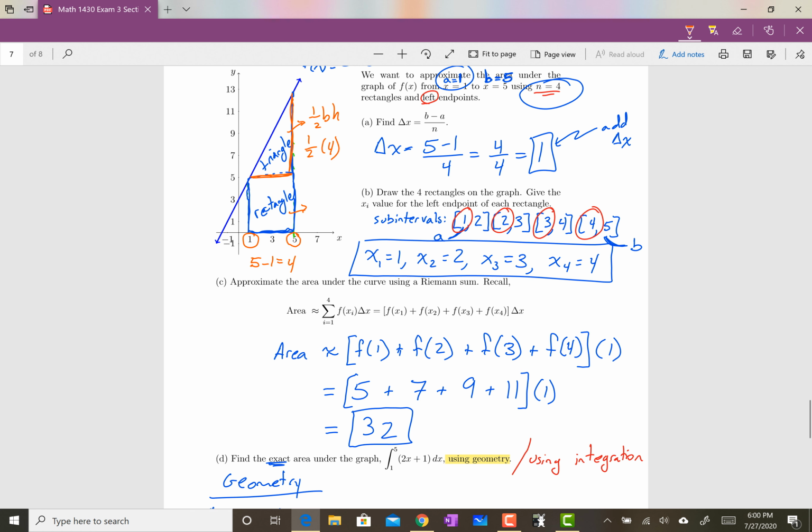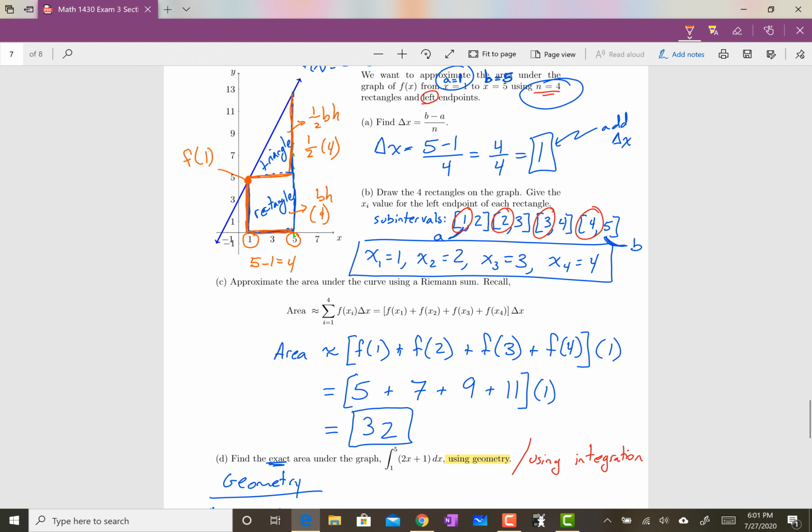So the rectangle is just going to be base times height. The base, of course, is 4. It's still a distance of 4 between these two. What's my height going to be? Well, the height of this rectangle is going to be f of 1, because the height goes from x equals 0 all the way up to this point right here.